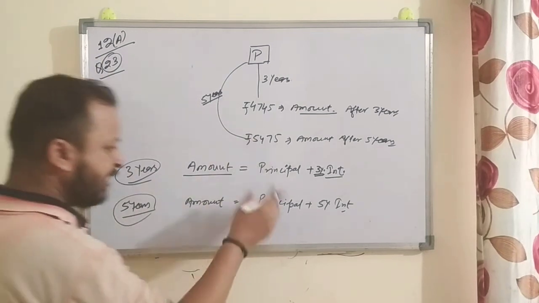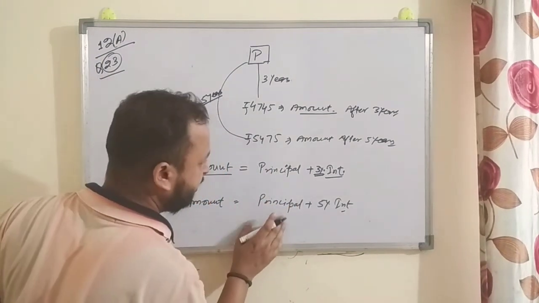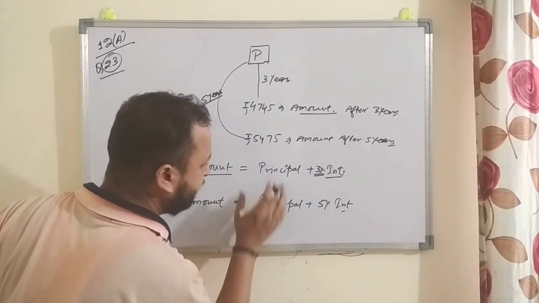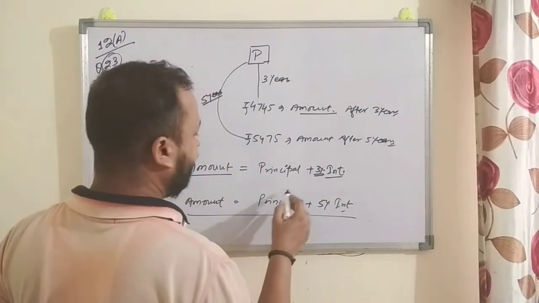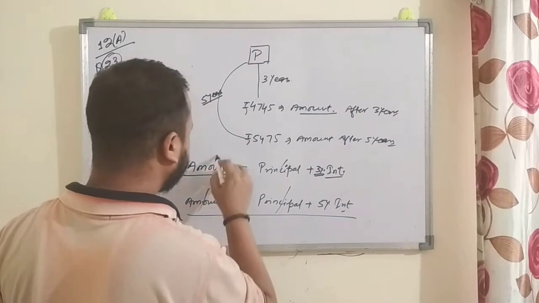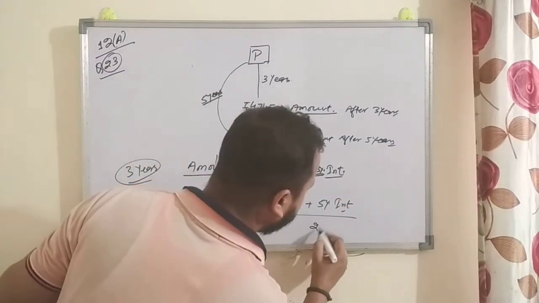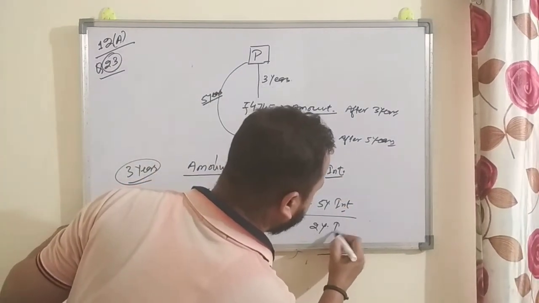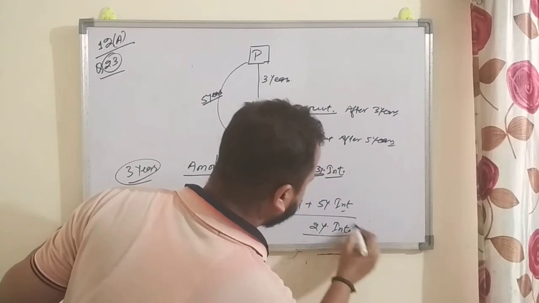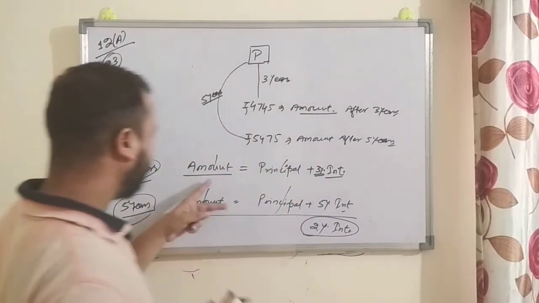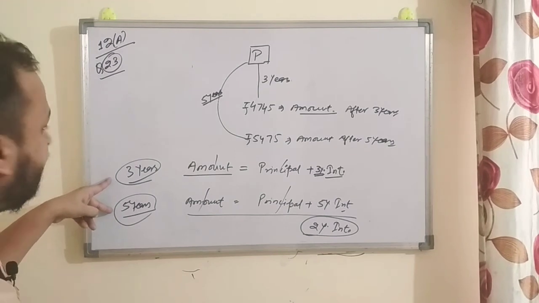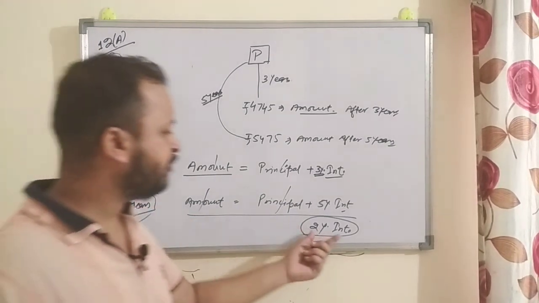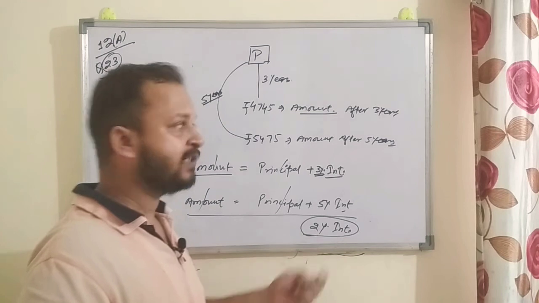If you subtract both the equations, what will you get? These two cancel, and you will get 2 years of interest. Means if you take the difference, 5 years minus 3 years, you are only left with 2 years of interest, right?